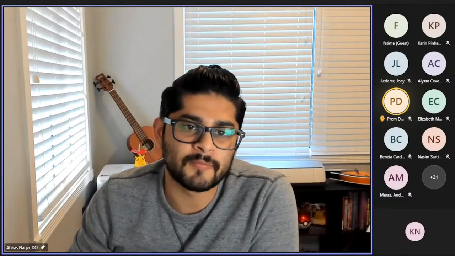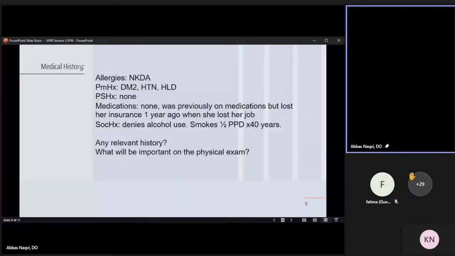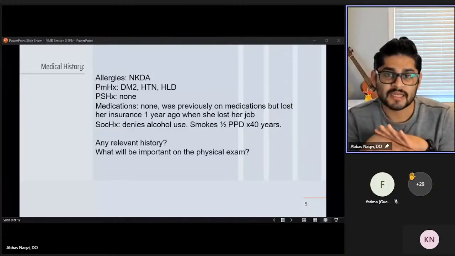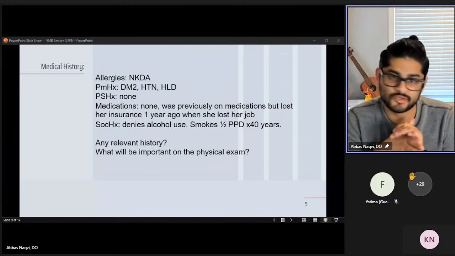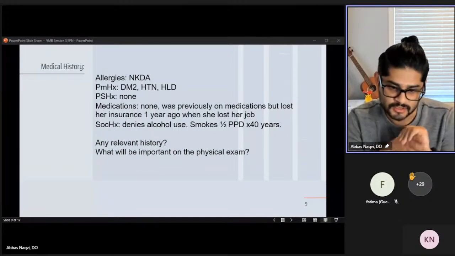Because if the belly is very hard and firm and inflamed, that would be a surgical emergency, and we need to call surgery right away, right? So fantastic job.